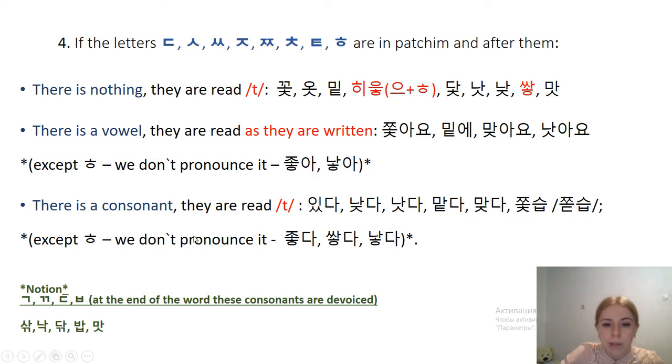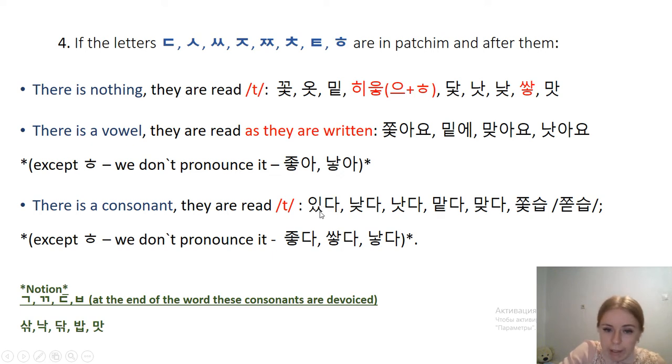So we have such an exception. And, well, not about h, but if there is a consonant after all these letters without h, in these cases we read them again like t. So if there is the end of the syllable, so there is nothing after these letters, or here, in both of these cases we read them like t.